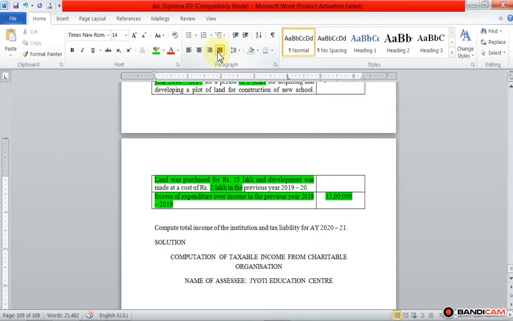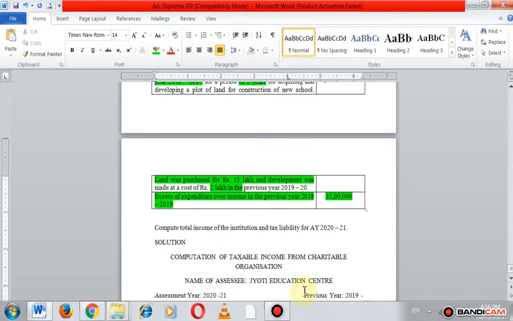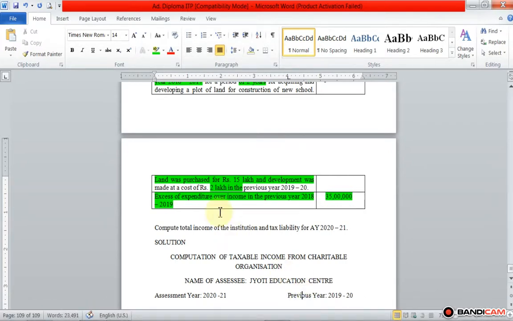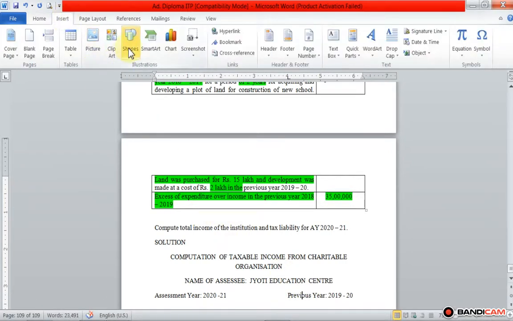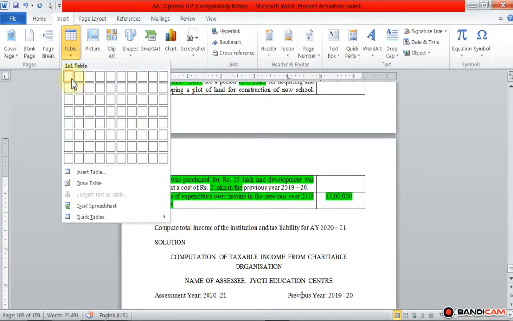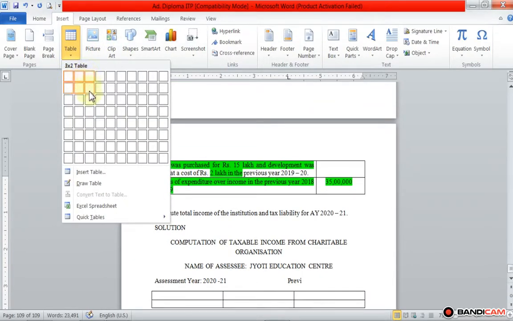Assessment year 2020-21 and previous year 2019-20. Then prepare a three column here, first, second, third.